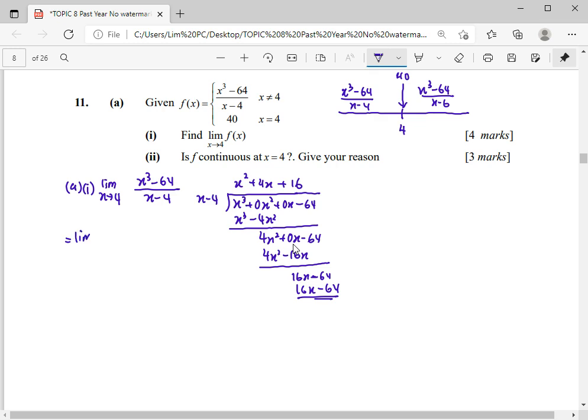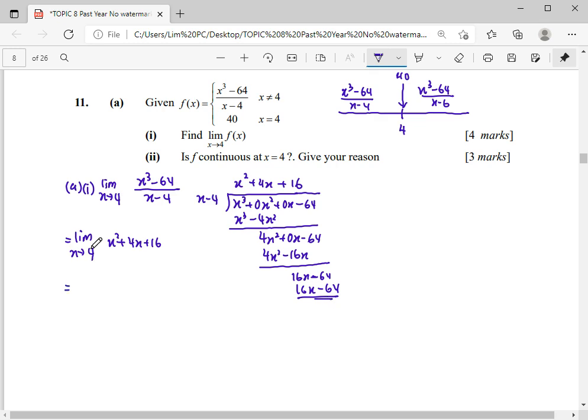Therefore, for our limit as x approaches 4, after our long division, our quotient is x squared plus 4x plus 16. And the remainder, oh, we don't have a remainder, so we just have this function only. We can divide it completely.